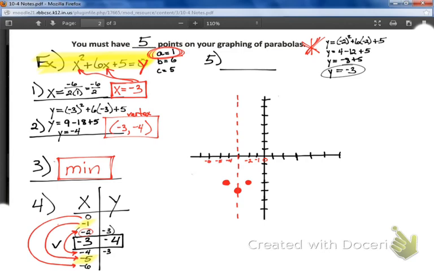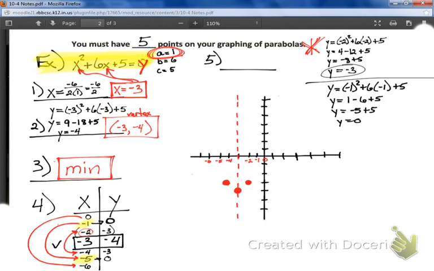Up here in my workspace, I'm just going to do another problem. y equals negative 1 squared plus 6 times negative 1 plus 5. y equals 1 minus 6 plus 5. y equals negative 5 plus 5, so y equals 0. So again, when x is negative 1, y is 0, and that's the mirror image of when x is negative 5, y is 0.